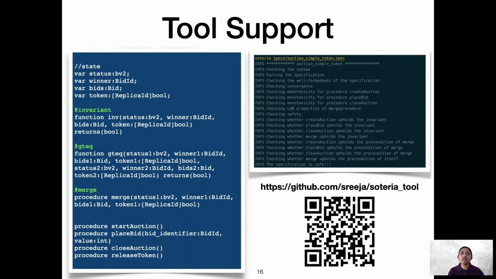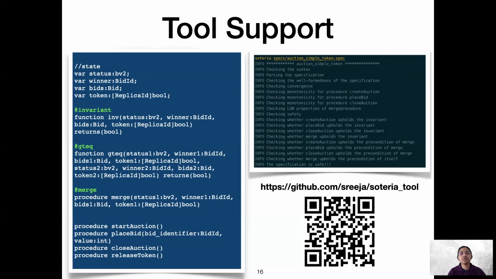We have provided the convergence properties in our paper in detail, so we suggest you refer to that. This comparison function is annotated with a special notation called @GTEQ, which is a short form of greater than or equal to. So that's the ordering relation. The next component Soteria needs is all operations including merge with their pre and post conditions.